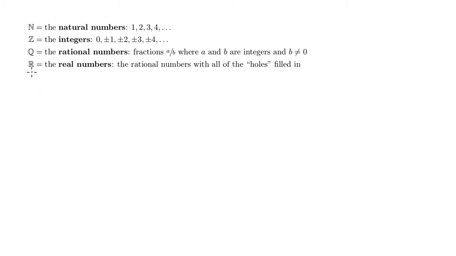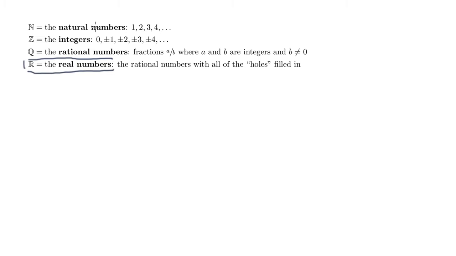And then what we're really interested in is the real numbers. That's what calculus is really going to focus on. It's going to focus on the study of functions defined on the real numbers. And so what are the real numbers?